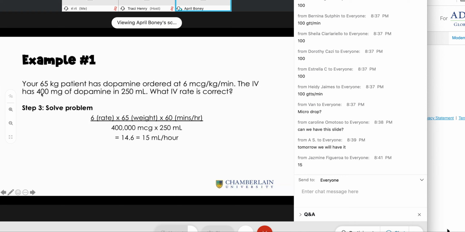Your concentration was 400 milligrams in 250 milliliters, and you had to do a conversion. You either had to take your order to milligrams or your concentration to micrograms. It really doesn't matter which way as long as they match. And then you have to add your volume. So the answer you're going to get is 14.6, but this is milliliters per hour, so we can't work with 0.6. So that is going to round up to 15 milliliters per hour.